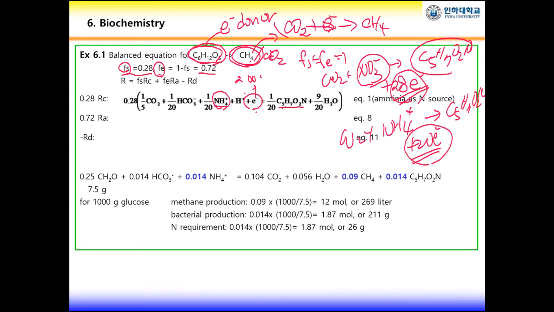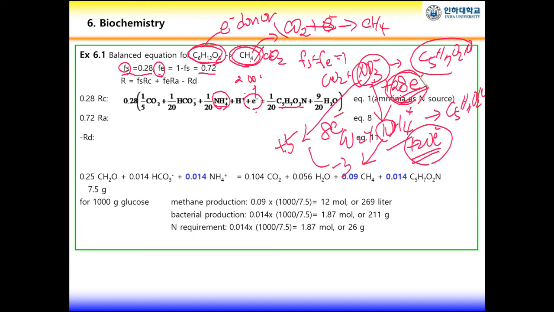The difference mainly comes from making nitrate into ammonia. What's the oxidation number of this nitrogen? It's +5. What about this? -3. So to take +5 nitrogen to -3 nitrogen, you need 8 electrons.